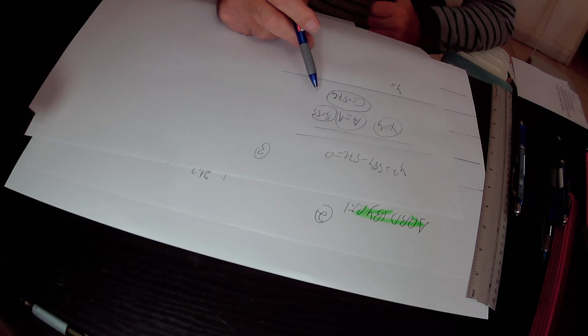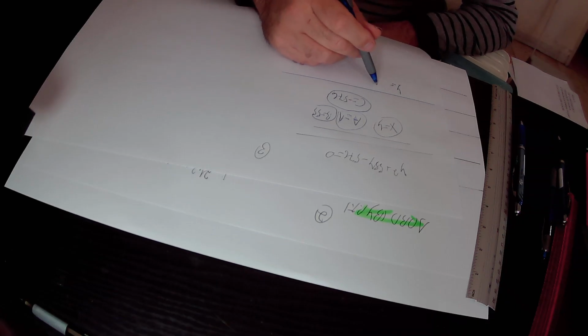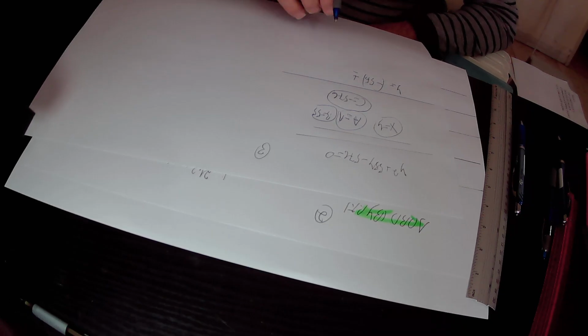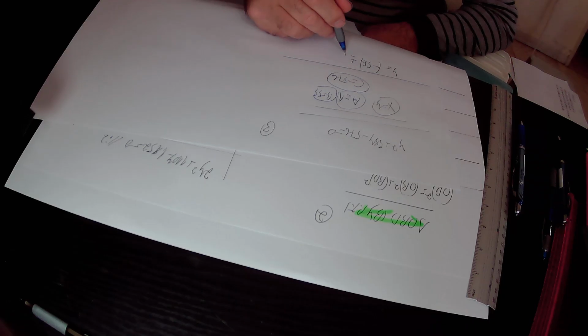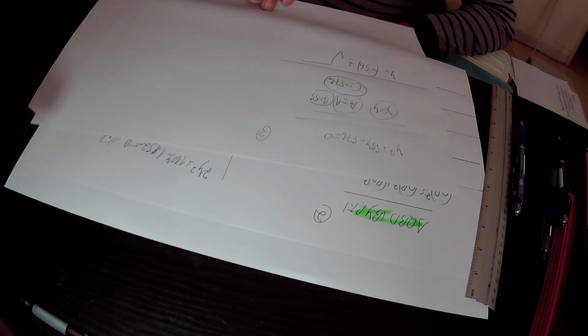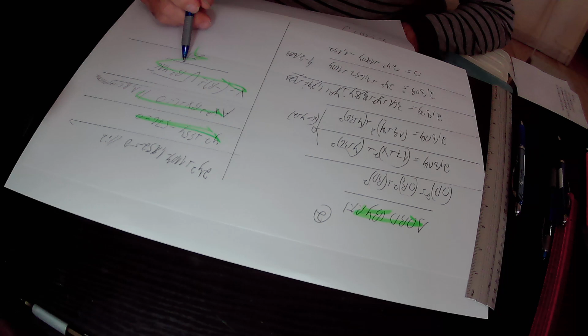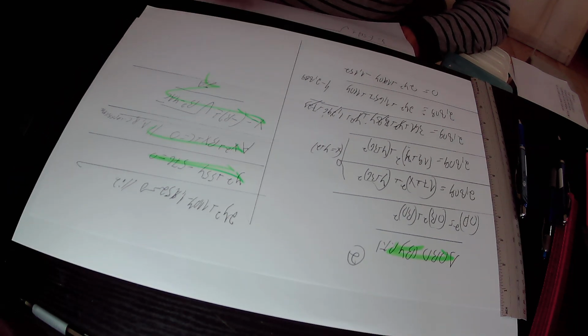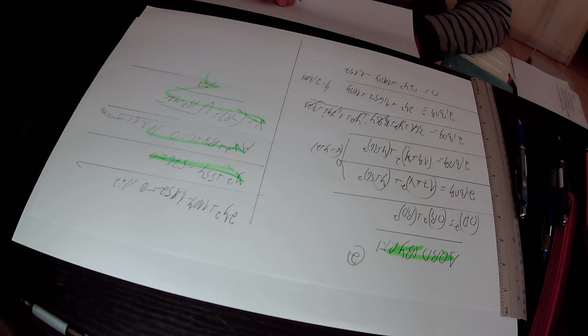B is 55, therefore minus b is minus 55, plus or minus the square root of b squared. B squared is 55 squared, which is 3025.